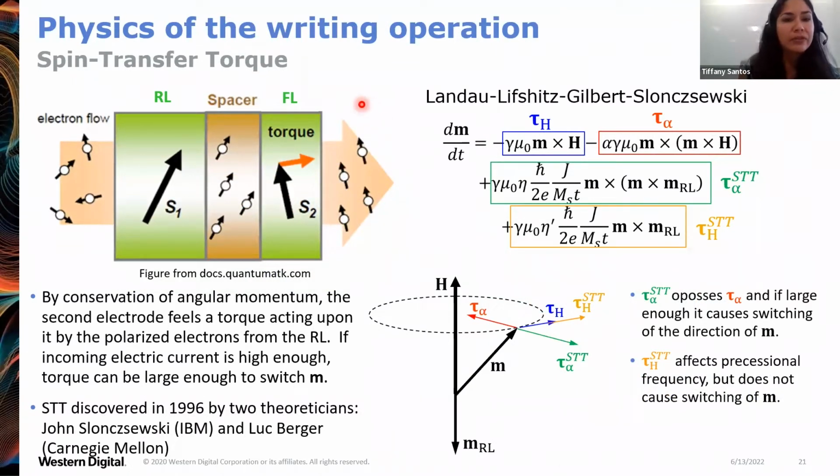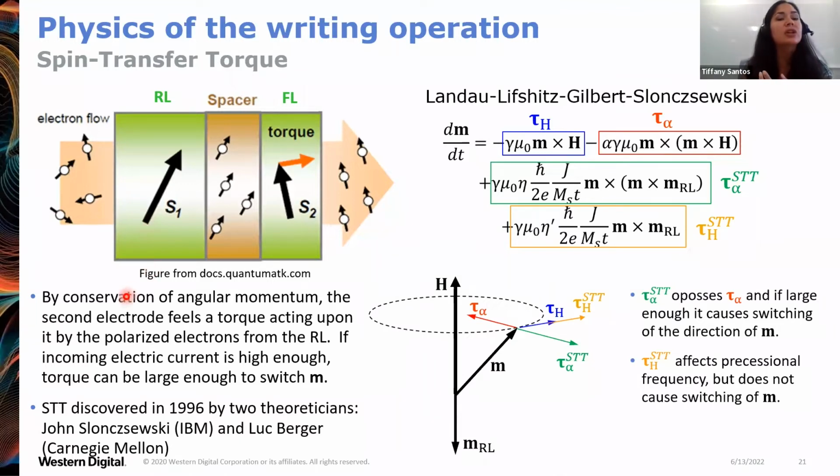So you have here in this schematic the three major layers of your magnetic tunnel junction: your reference layer and free layer with the tunnel barrier spacer in between, and you pass a current perpendicularly through the layers. Initially, there's a random spin orientation for the electrons in the current, but once they pass through the reference layer, you get a spin polarized current.